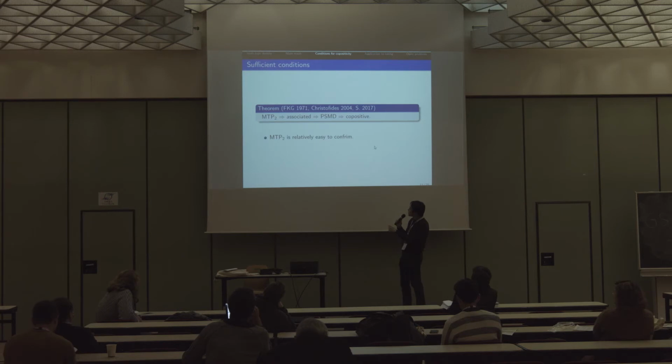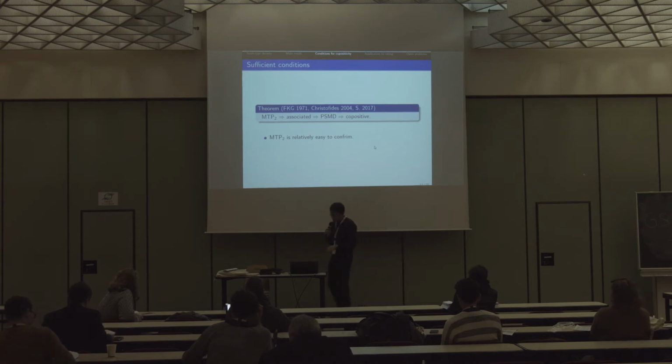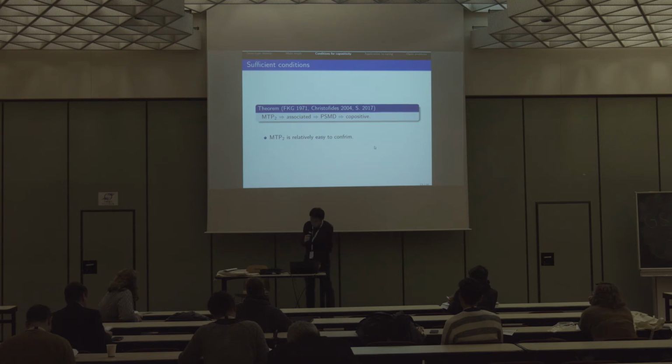It was known that the MTP2 condition implies association, and it implies the PSMD condition, and finally it implies our copositivity condition. And the MTP2 condition is relatively easy to confirm, so this theorem will be useful.